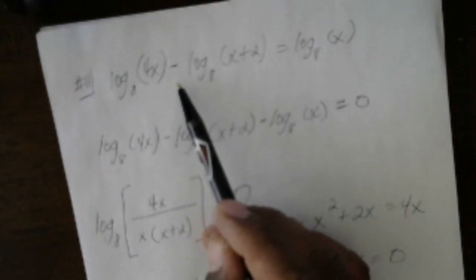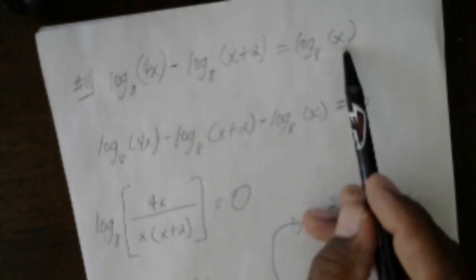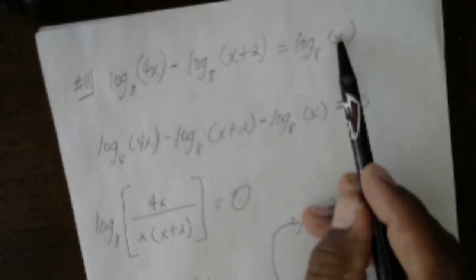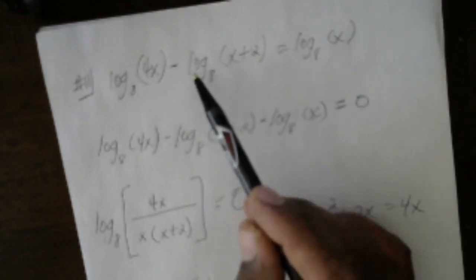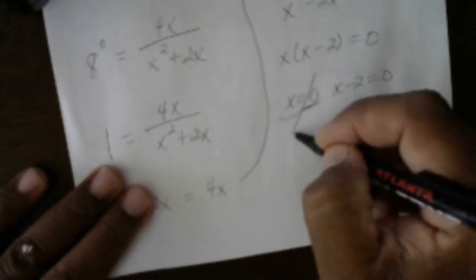So notice if I go back to my original problem and check, could I use 0? Well, I would have a 0 here, so I can't use 0 as a solution. However, I could use 2. Because if I use 2, it makes all of my arguments positive. So my solution here is 2.